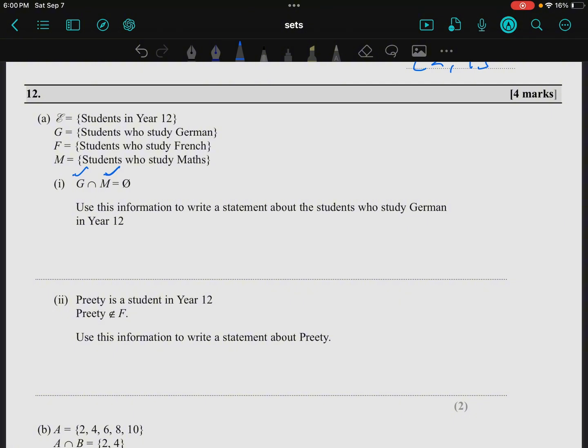German and maths intersection is given as 5, so that means there is nothing common between G and M. If students are studying German, they are not studying maths. No student studies both German and maths in year 12.